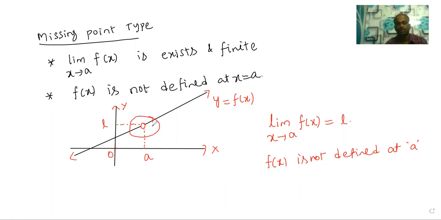It has a hole, and there is no graph at exactly a. That's why this type of discontinuity is called missing point type discontinuity, because the graph is missed at a because the function is not defined at a. Let me discuss some examples related to this.